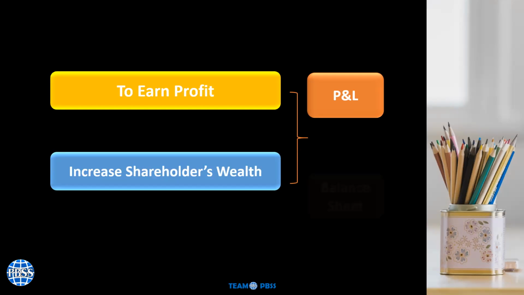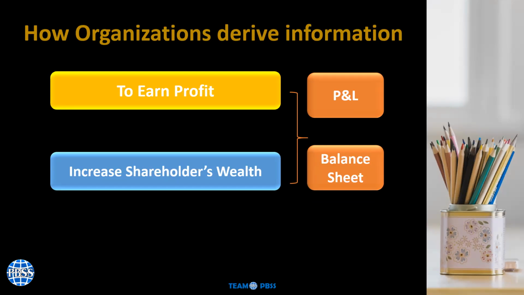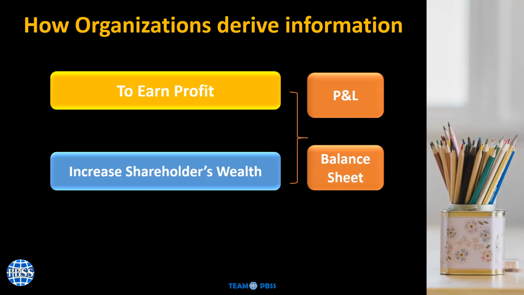The second financial statement is the balance sheet. Through the balance sheet, you can compare month by month and see your wealth increase or decrease. These are the main 2 elements available to businessmen and any organization to see whether your business is profitable or your wealth is increasing or not.